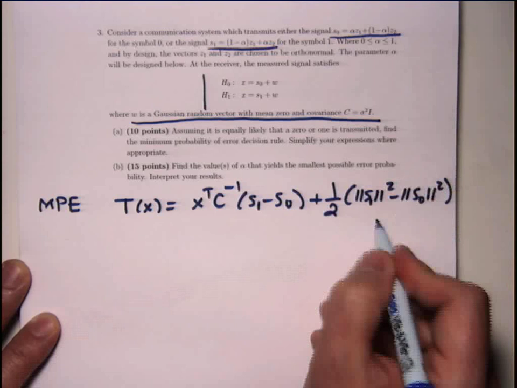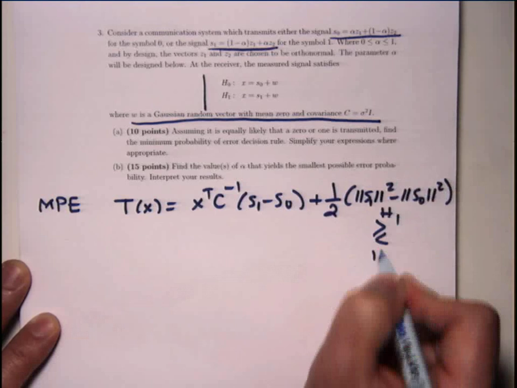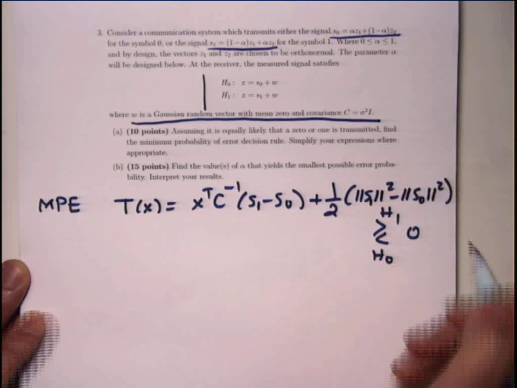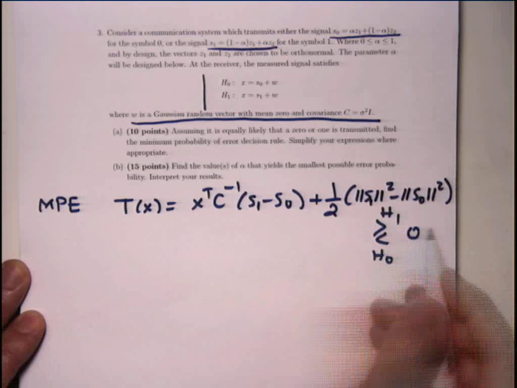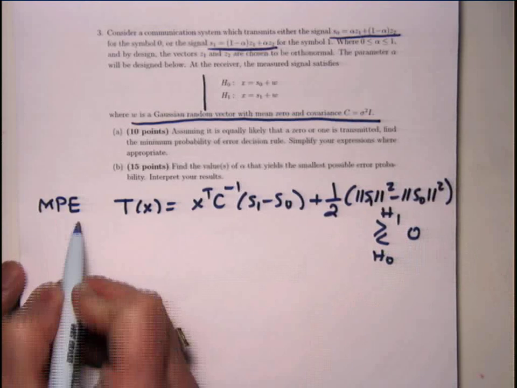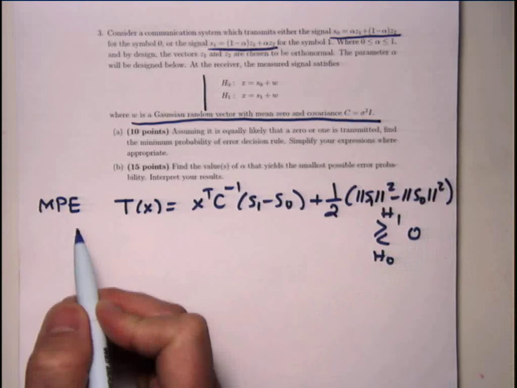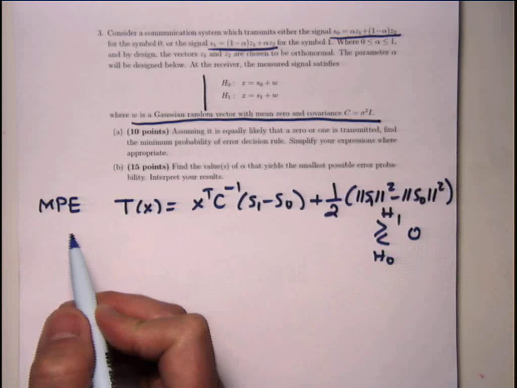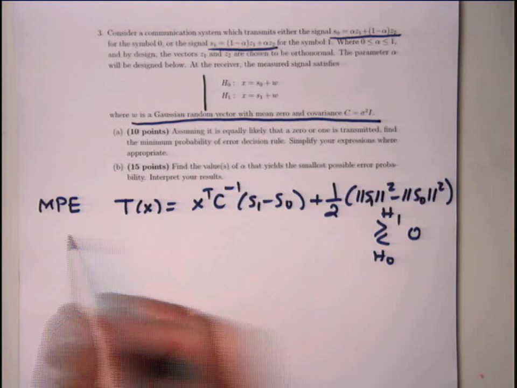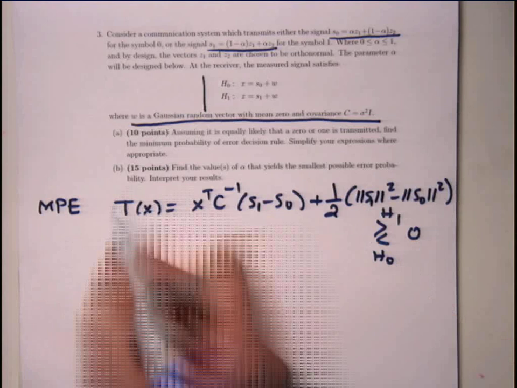And this gets compared to 0. Why does it get compared to 0? Because the minimum probability of error was the likelihood ratio compared to 1. Then what I did is I take logs of both sides of that. So this side became 0. I simplified. This is what I got.